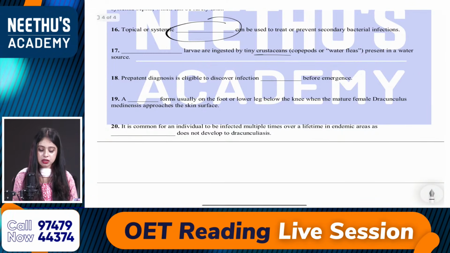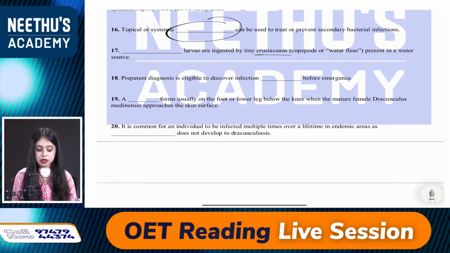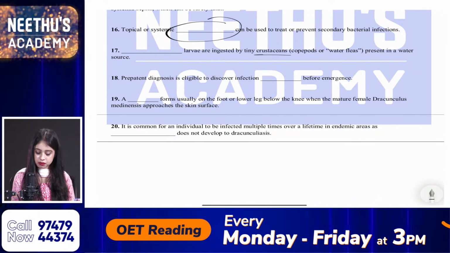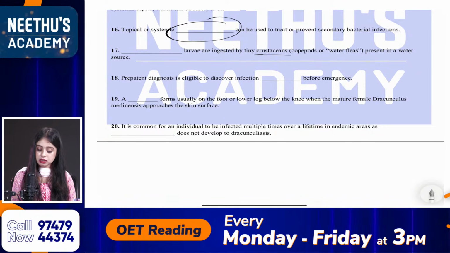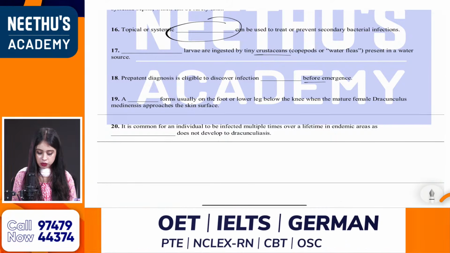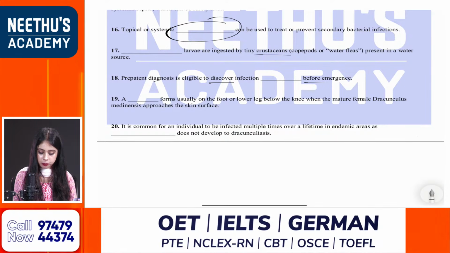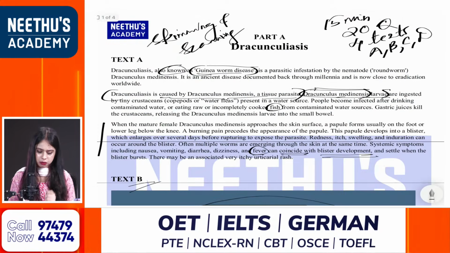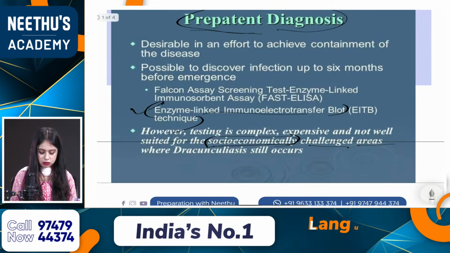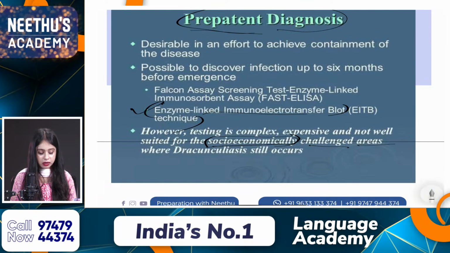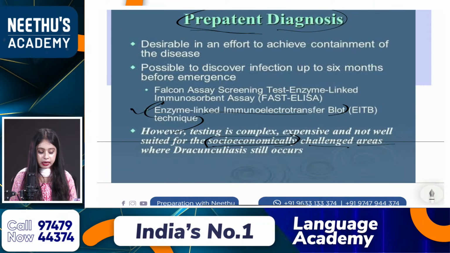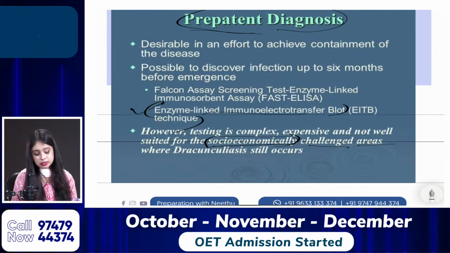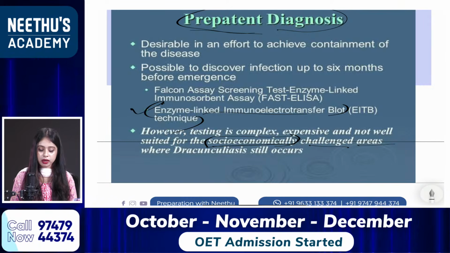Okay, and the 18th one: pre-patent diagnosis is eligible to discover infection dash before emergence. So before discovery, diagnosis, of course it is from text B. So what is the answer? Again, it's not 6 months, dear Geeta, it's up to 6 months.